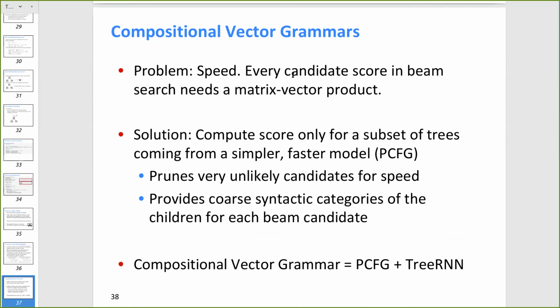As we have seen, in addition to generating the vector representations, we also generate scores, and that score generation is computationally expensive as it involves a matrix vector product. So that's one problem. The solution is pruning: if there is a candidate which is unlikely to happen, maybe the model can prune it.